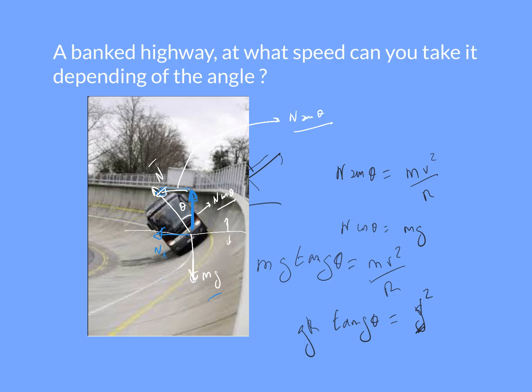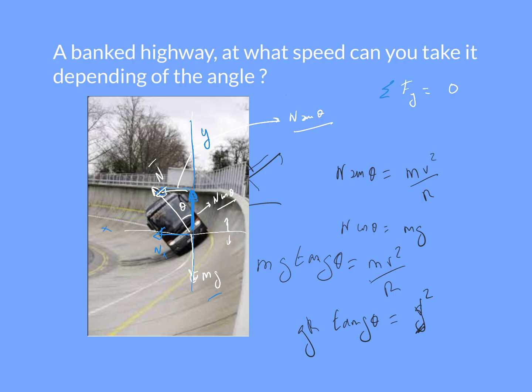So what are the equations? I will choose this axis. This is the y-axis, and this is the x-axis. On the y-axis, the sum of all the forces will be 0 because the bus is not flying in the air and it's not going downwards.